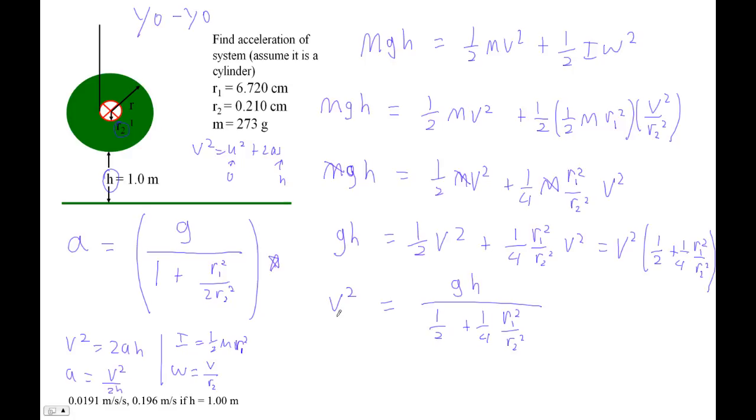So if we divide that by 2h, I'm going to get a value for a. The h cancels the h, and that makes it a. Then if I just multiply the denominator by 2, I get g divided by, well, 2 times a half is 1, and 2 times a quarter is 1/2.